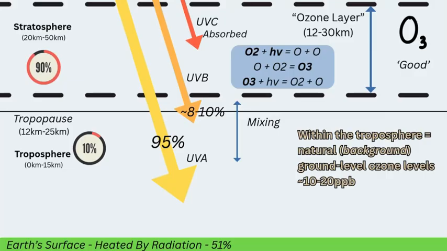They'll break apart with the addition of sunlight and separate that oxygen into an atomic oxygen. Once you have the atomic oxygen, it can form and chemically bond with the pre-existing O2 in the atmosphere and form O3.